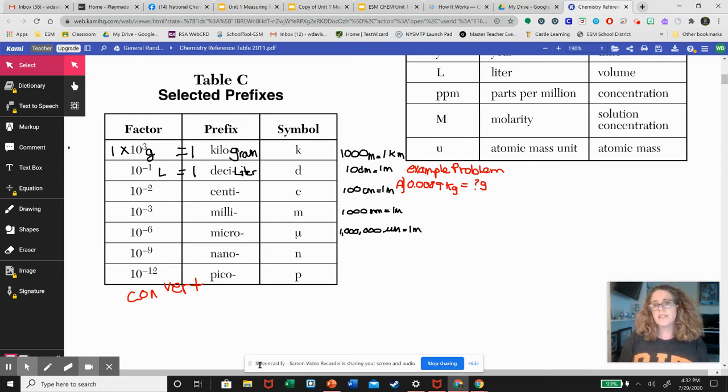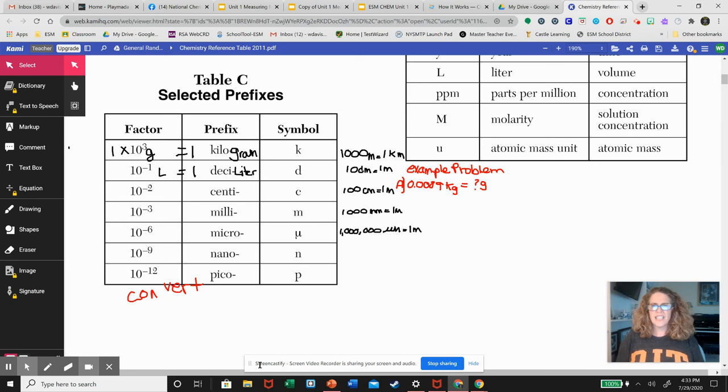So let's look at our example problem. So here I have 0.0089 kilograms, and I want to know how much that is in grams, because that's like a really small number, and there's lots of zeros. So when scientists report their information, they want to report it using numbers that are easier for people to wrap their heads around and to get a mental image of the size of the number.